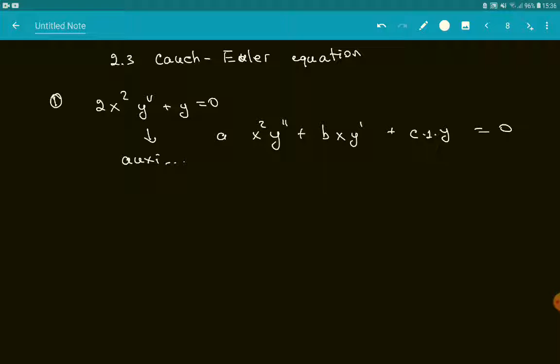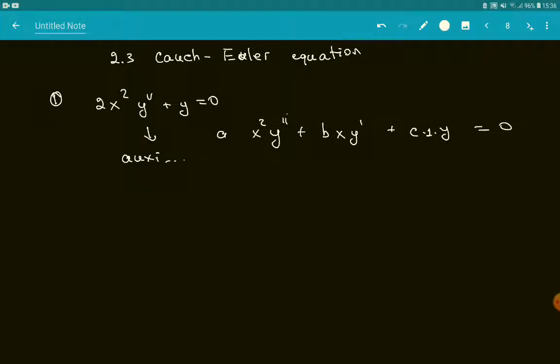The difference from the previous one is that if you see a double prime, there should be x squared in front. If it is just prime, it should be x. If it is just y, it should be 1. If we had y triple prime, the factor in front should be x cubed.